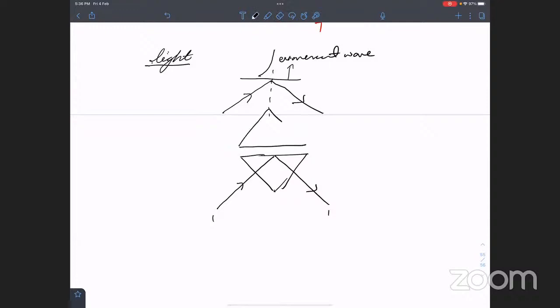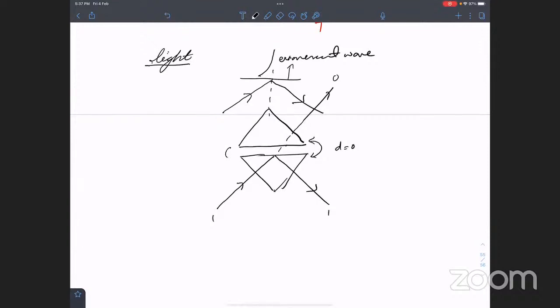We put another prism like this, and we start bringing these two prisms very close to each other. If the distance between them is exactly 0, then all the light will go to the other side, and if the distance is infinite, then 0 light will go.